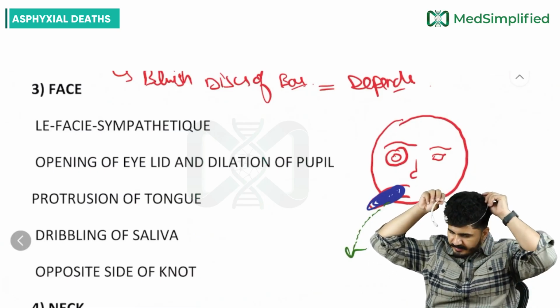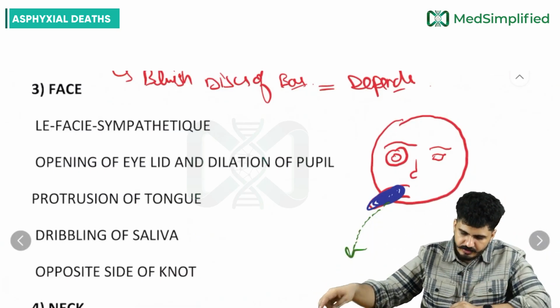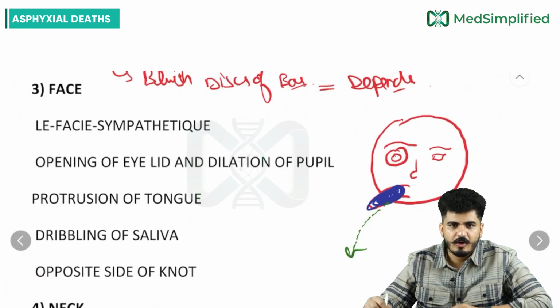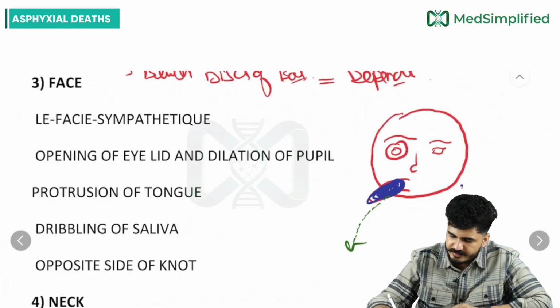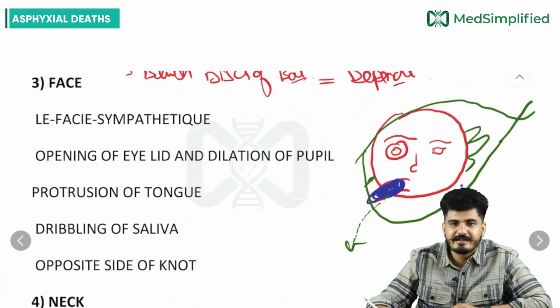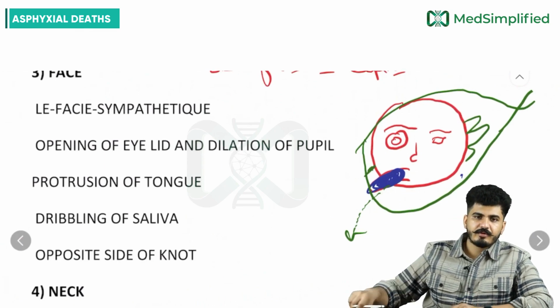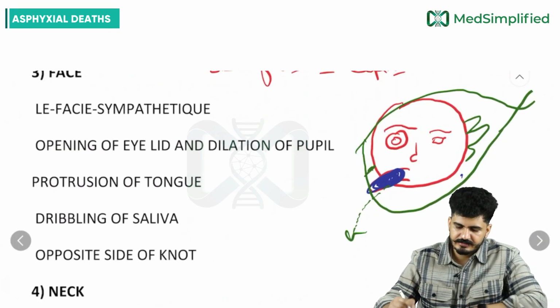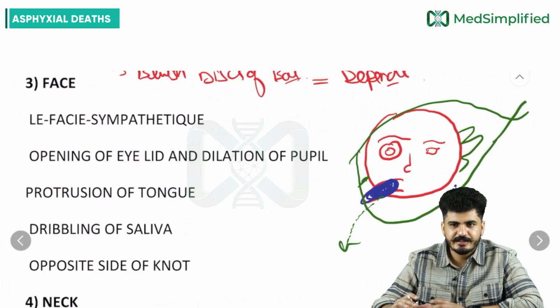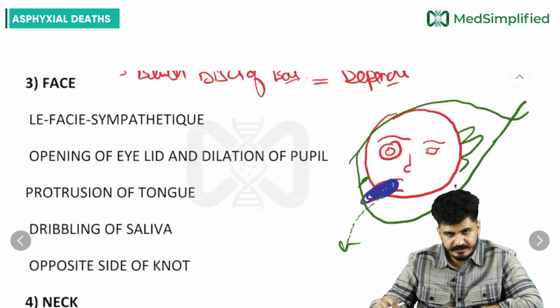That is why there is dribbling of saliva, protrusion of tongue, and the opening of the eyelid and dilation of pupil, the opposite side of the knot. If the knot is here, the rope will go like this. This area is untouched, this area fully compressed. Because of the full compression of the area, there will be dribbling of saliva from the opposite side. This is what you can call la facies sympathetica.